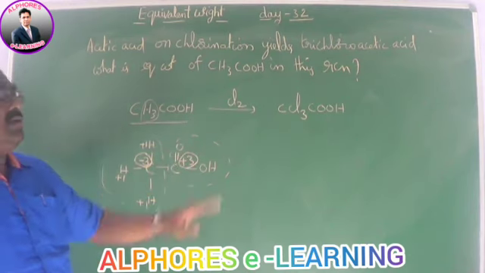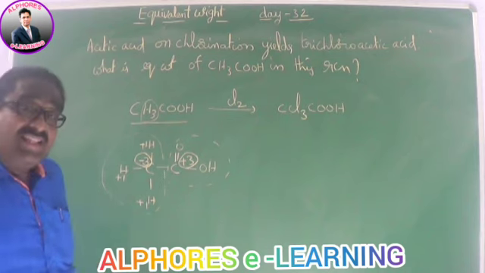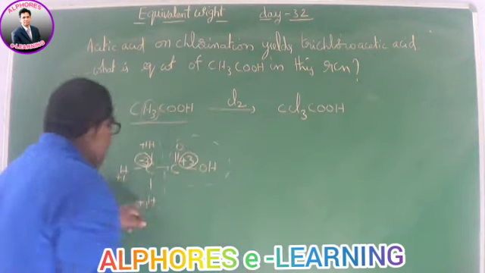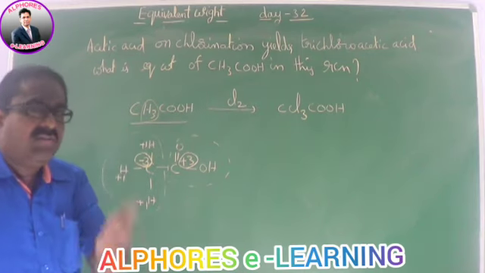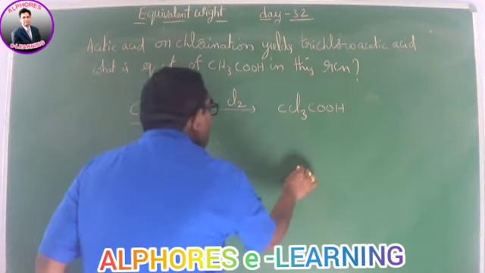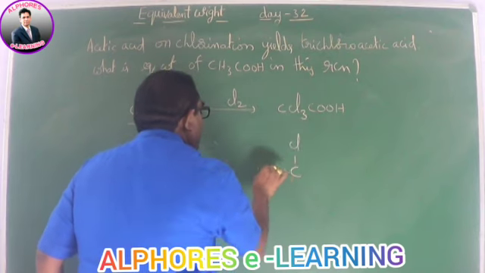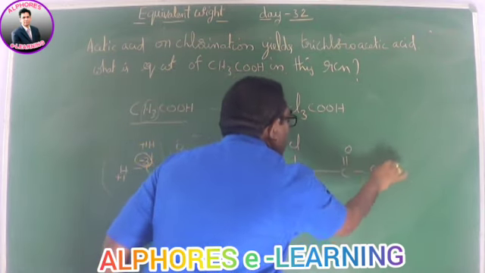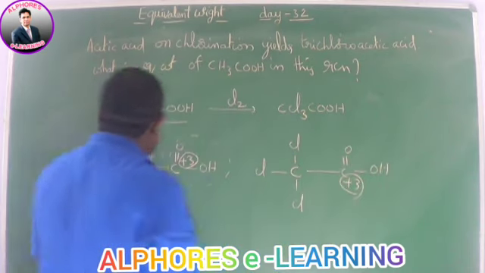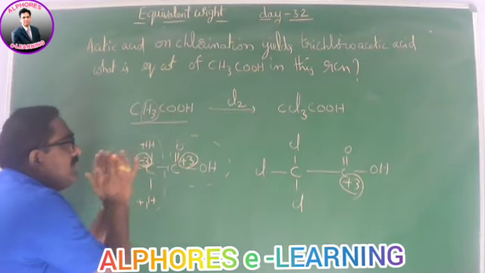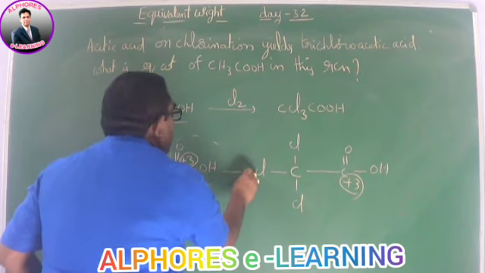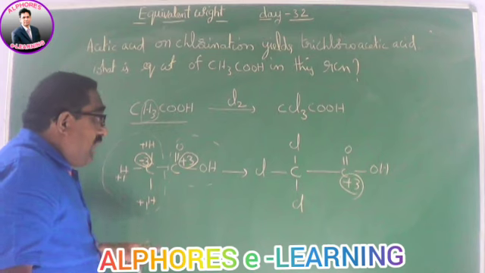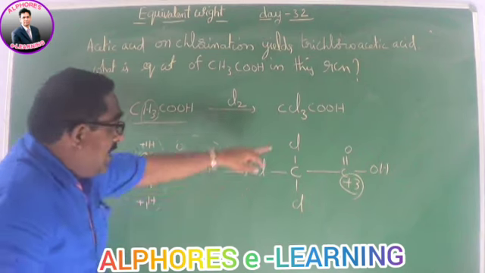Now let me write the structure of CCl3COOH, trichloroacetic acid. So instead of 3 hydrogens, 3 chlorines will come. Nothing more than that. Very simple. See friends. Let me explain now. This is as usual plus 3 because no change. Now instead of hydrogen, chlorine entered into the picture.